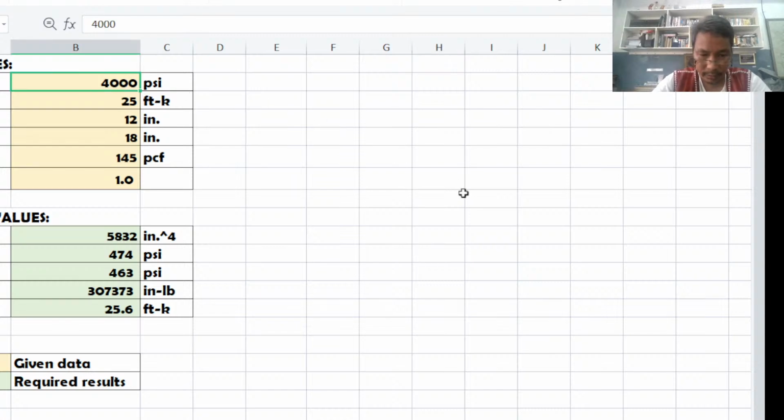For example, you make this 3,000, so it will automatically change the computation here and the final answer. Any question about this? You may like to save this. That's how we do it using Excel as a spreadsheet.